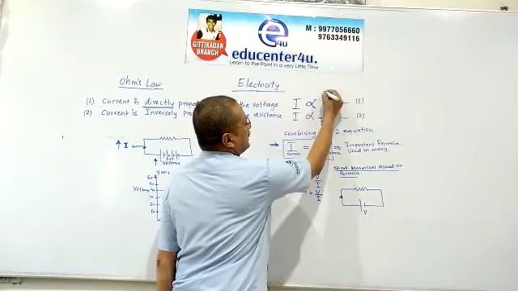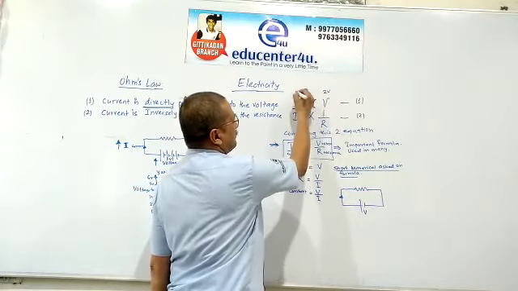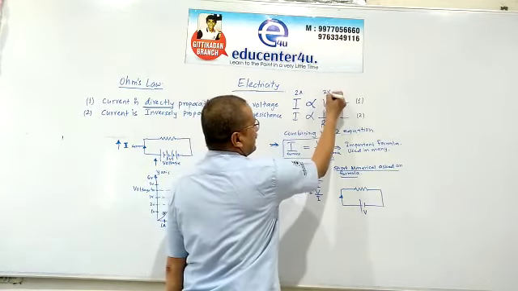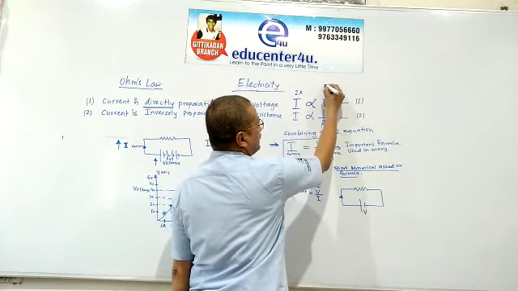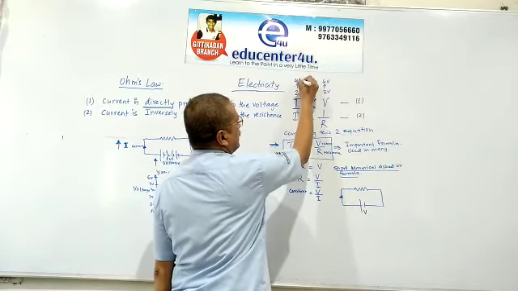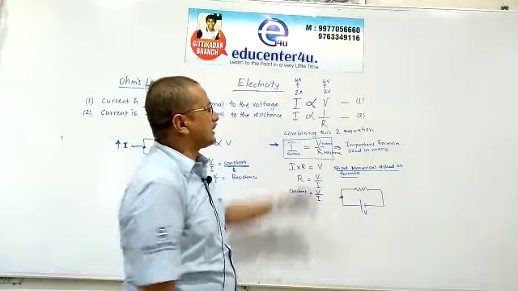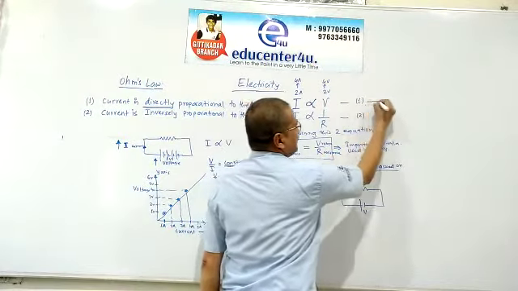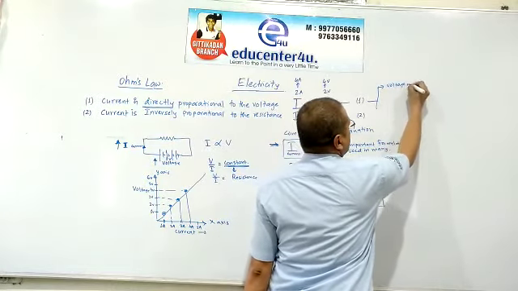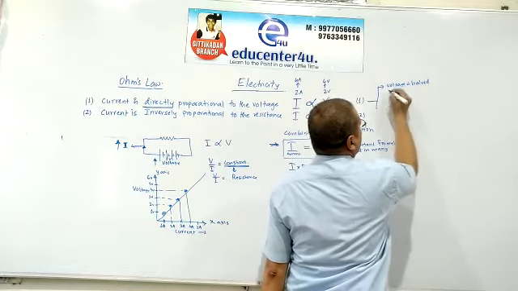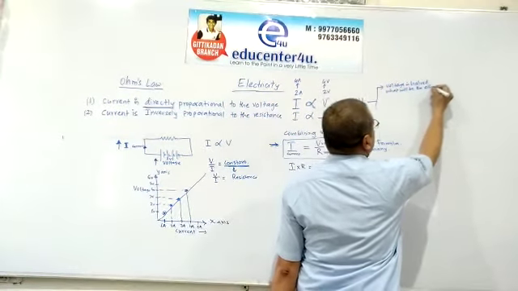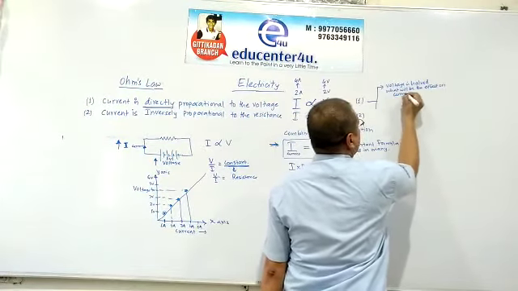Suppose if the voltage is 2 volt, at that particular point the current will be 2 ampere. If you are doubling the voltage, the current will also double. So the question will be asked: if the voltage is half, what will be the effect on current?